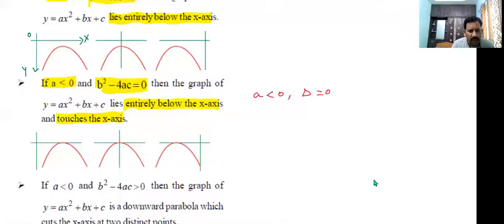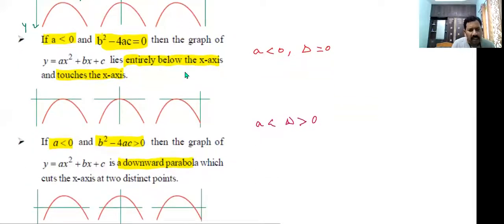Next, last point. If a less than 0, discriminant greater than 0, a less than 0, delta greater than 0, then the graph of ax square plus bx plus c is a downward parabola which cuts the x-axis at two distinct points.